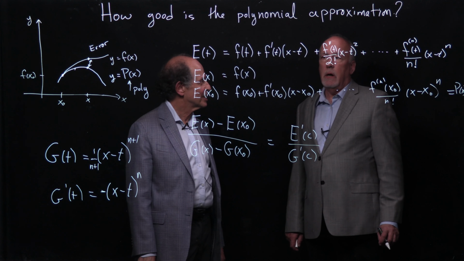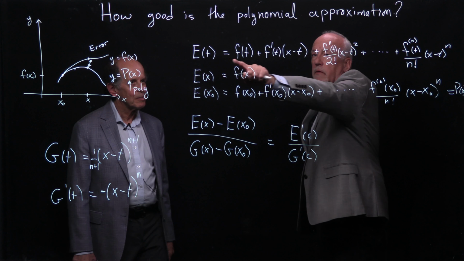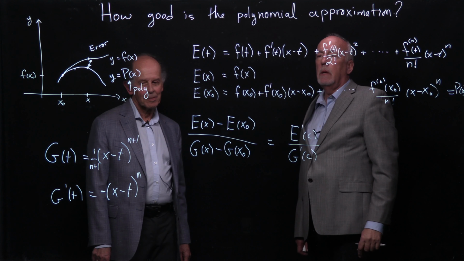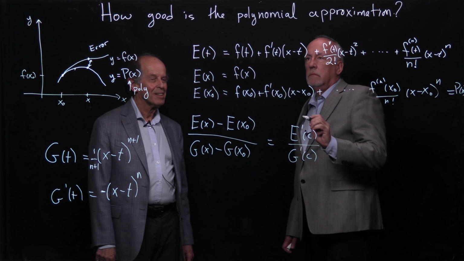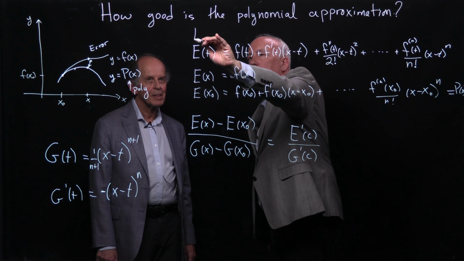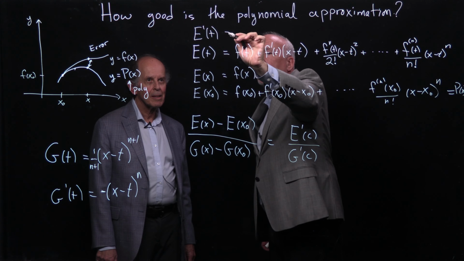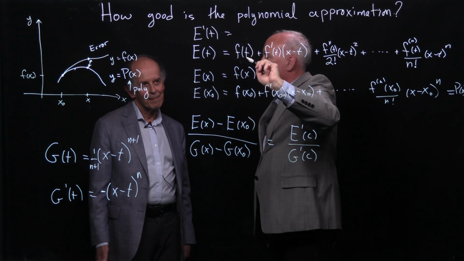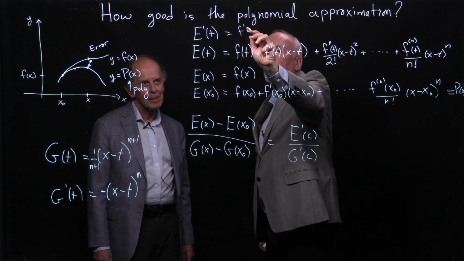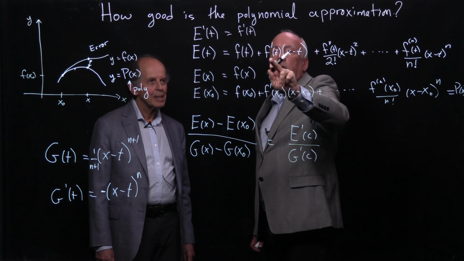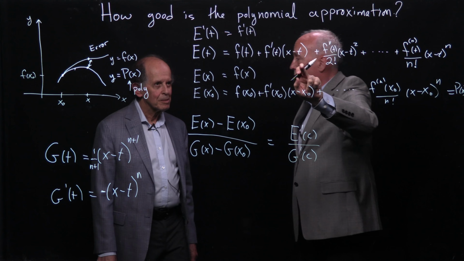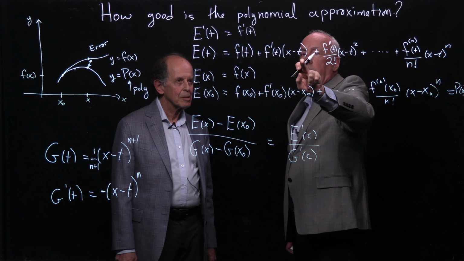Well, here's the hard part. We have to compute the derivative of this guy. Now, maybe there's a little bit of room here. That's the derivative here, f prime. Now, this guy has two terms, so product rule. If I differentiate this, what do I get?